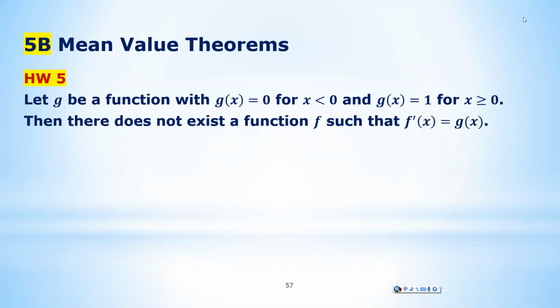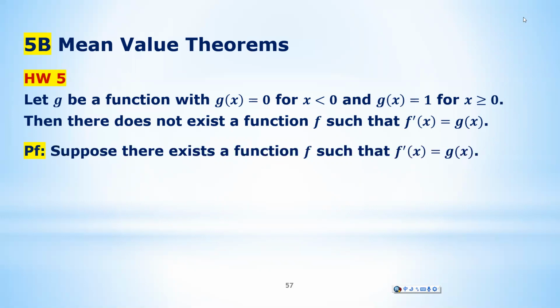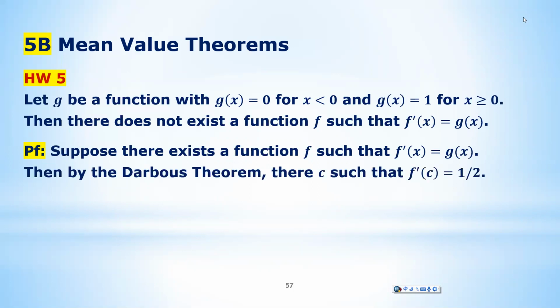So from here, we're going to see that there does not exist a function f such that f prime equals G(x). So this is exactly what I said before. This function does not satisfy that special property. It cannot be qualified as the derivative of a function. Okay, this directly follows from the previous result. Because suppose there's a function f so that f prime equals G(x). Then by the Darboux theorem, you can take another value between 0 and 1, for instance, 1/2.